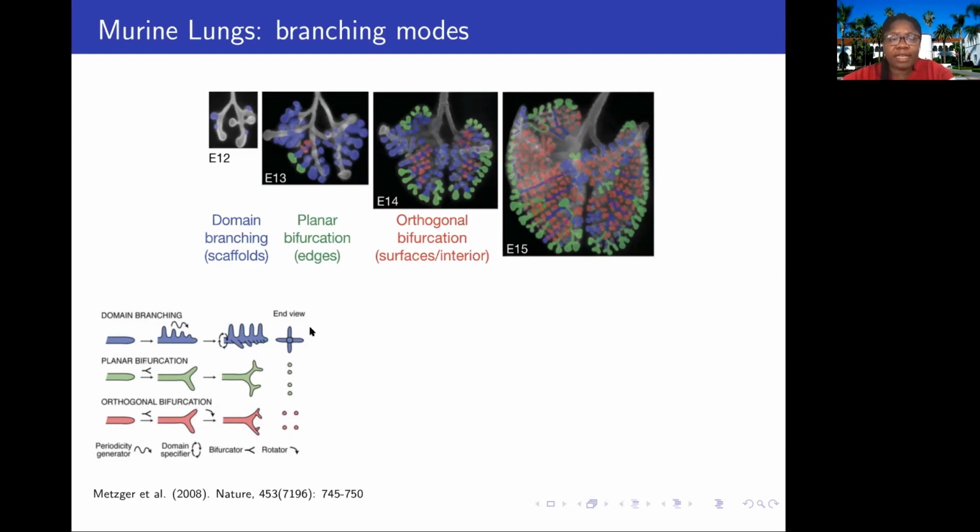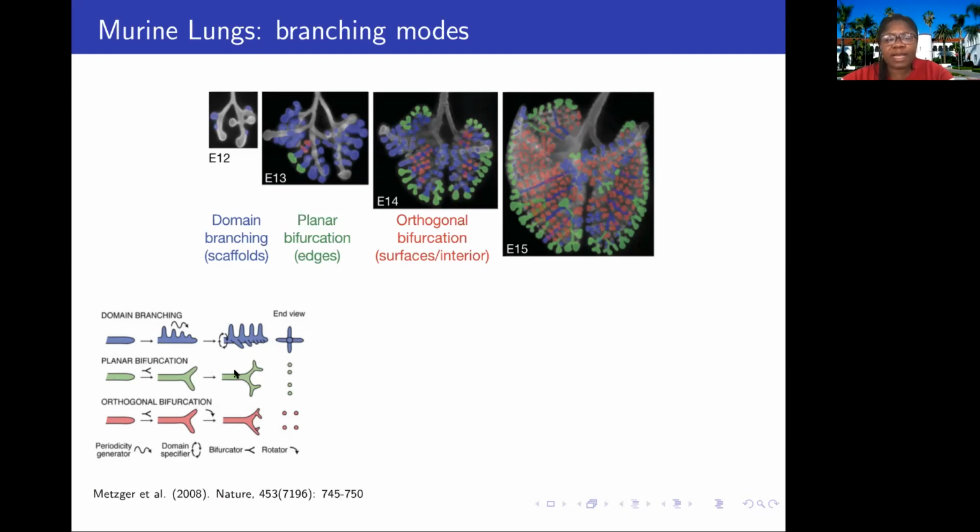If you stand at the distal end and look at the branch tip, you see this cross shape because of the way it's branching.